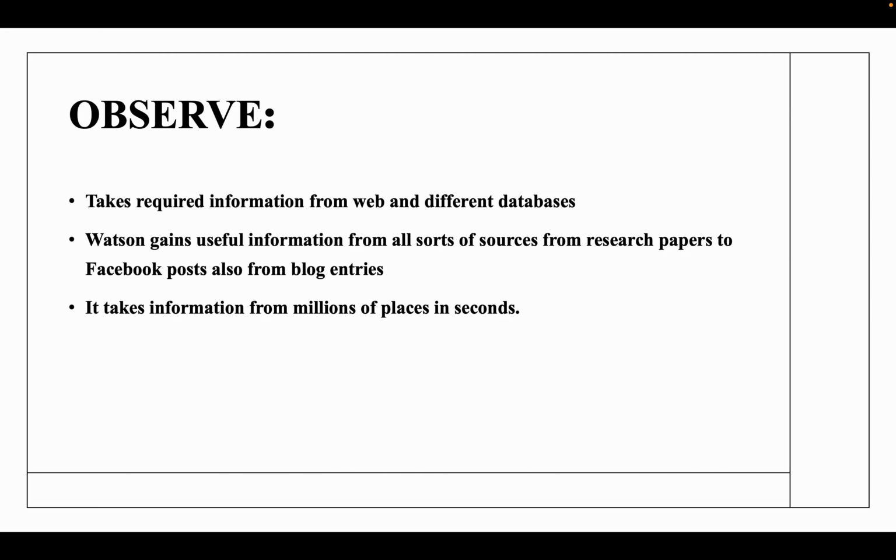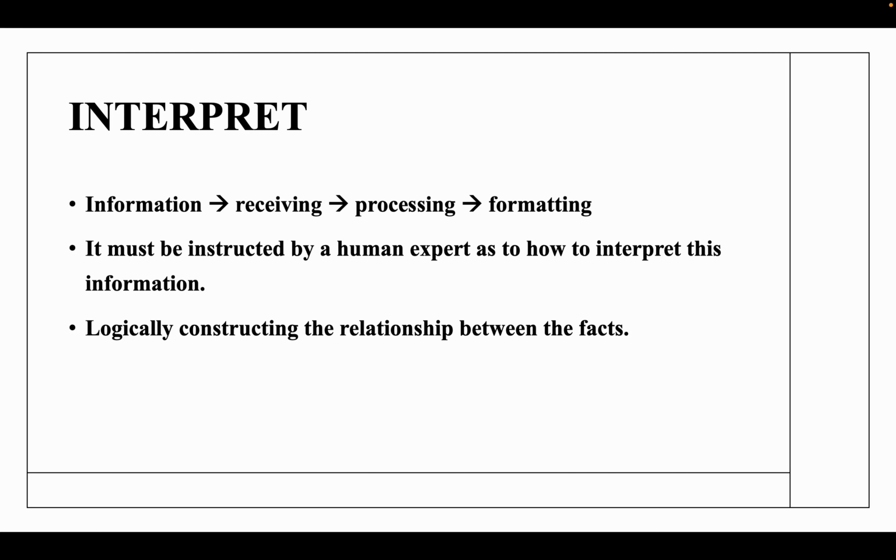Next one is interpret. After receiving the information from all sources of the internet, it processes it into a format in which it is more efficient and easier to process, forming and digesting a corpus of information.